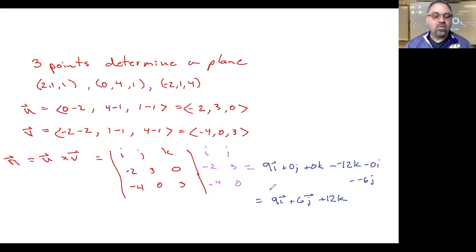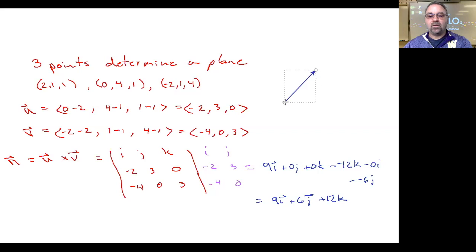So now, using our normal vector right here, and any point that we have in the plane, it doesn't matter. These are all in the plane. Let me just visually draw one out one more time.